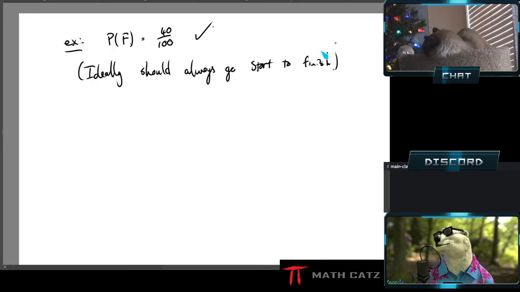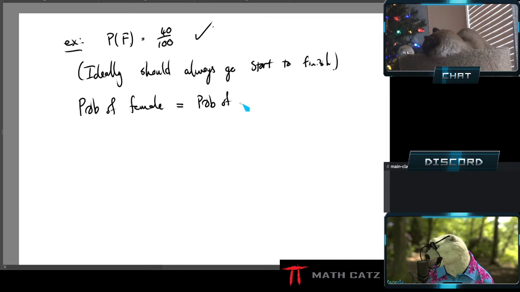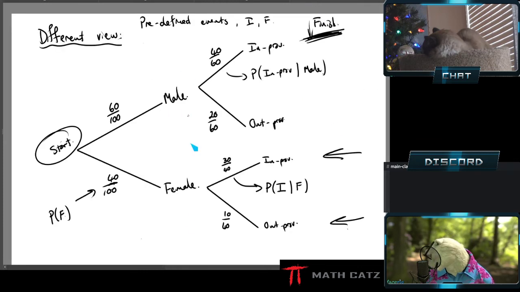So technically, I'll say it like this: the probability of female, I'll do it informally, is equal to the probability of path 3 plus the probability of path 4. If I stop halfway, in some cases, it's going to be risky.